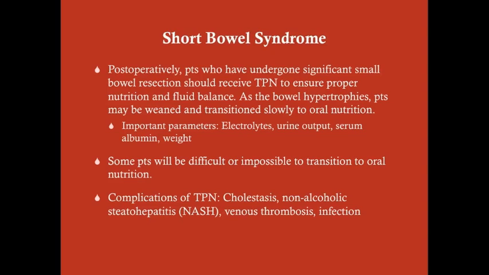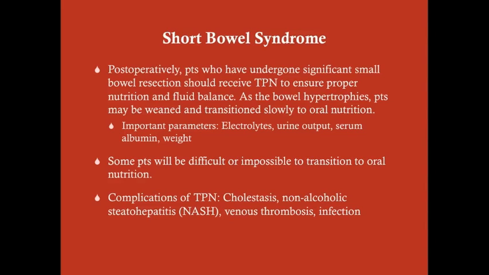So in the direct postoperative period, patients who get small bowel resection are usually going to need to receive total parenteral nutrition. And over time, the bowel will hypertrophy, and you'll be able to transition slowly onto oral nutrition.